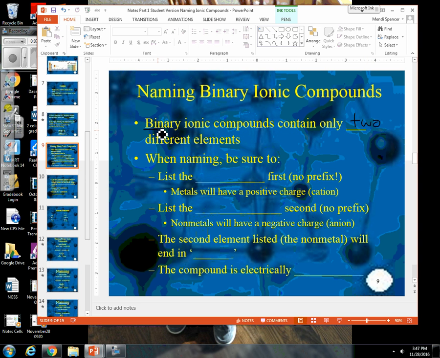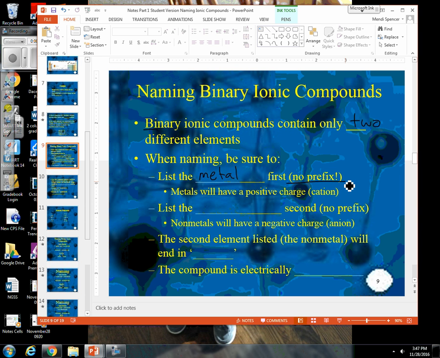So think your prefix bi, that means two. Anytime you have an ionic compound and it contains two different elements, you're going to use the binary system of naming. When you're naming your ionic compound, you need to always list your metal name first, and you will never put a prefix on it. So this is much easier than covalent.